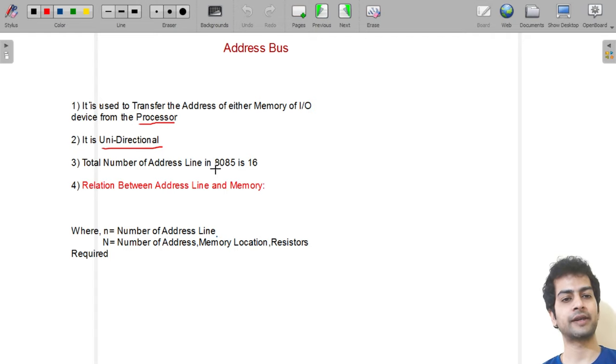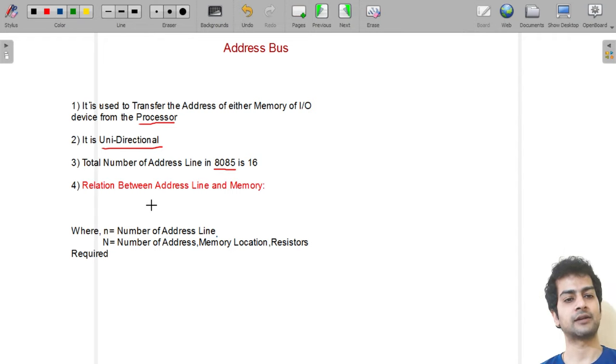Okay. Now coming to other aspects of the address bus. If we talk about 8085, there are a total of 16 address lines, or we can say 8085 has a total of 16 address bus lines. Now see, there is one very important relation between the address lines and the memory connected with it.